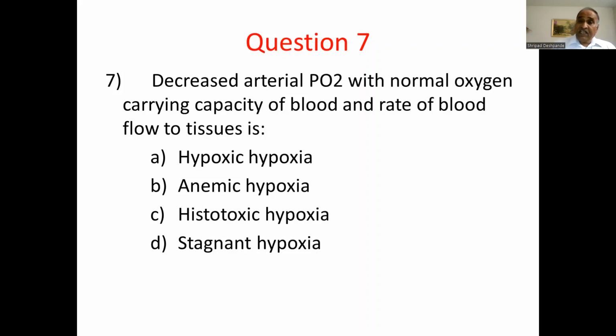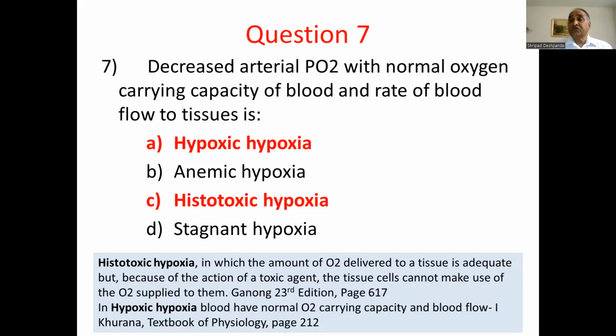So answer C is also correct. Then stagnant hypoxia: oxygen capacity may be normal, but there is a decreased flow rate. So there are two possible answers to this question. Hypoxic hypoxia may be right, and histotoxic hypoxia may be right.